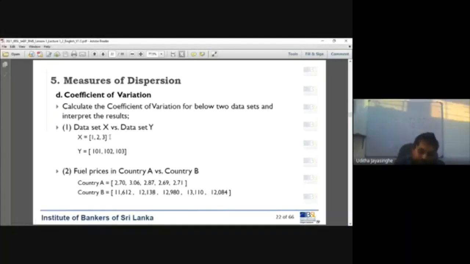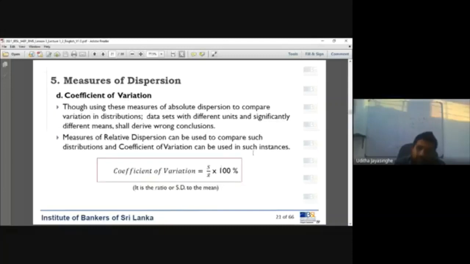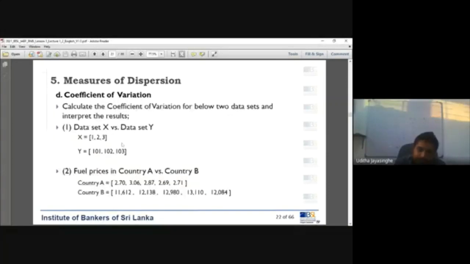First, calculate the X bar and then the standard deviation. Then you can calculate the coefficient of variation by dividing the standard deviation by the mean. The other data set is 101, 102, 103. Then I want you to interpret the result.